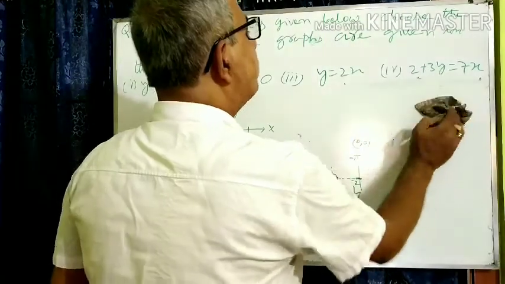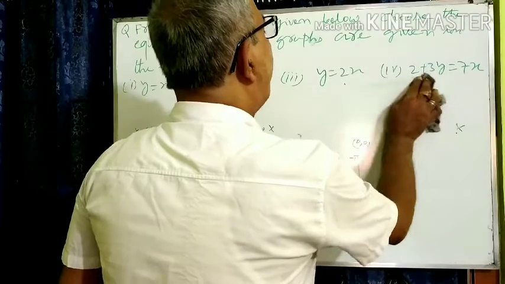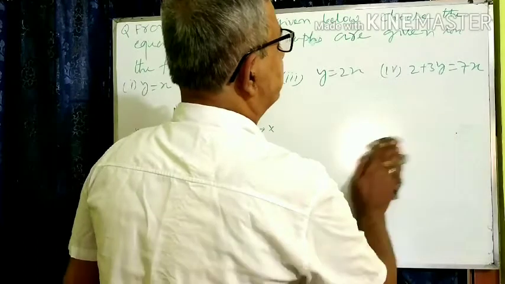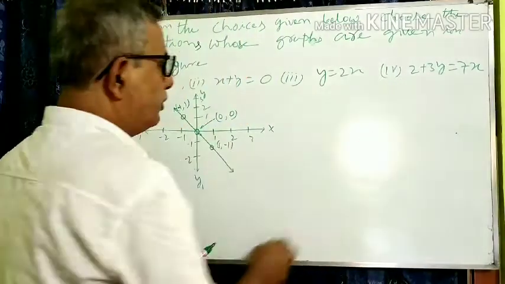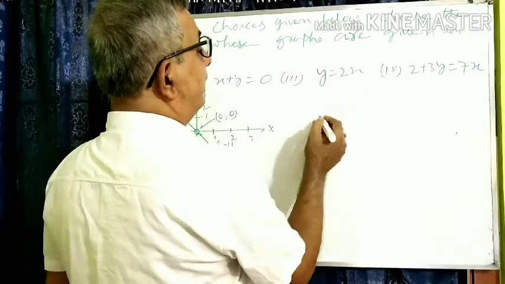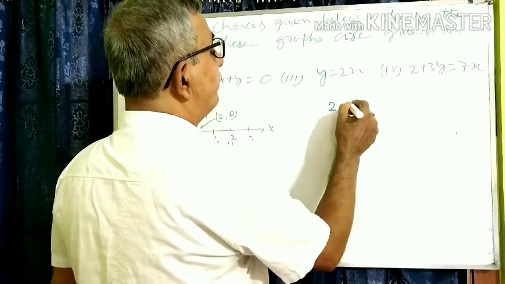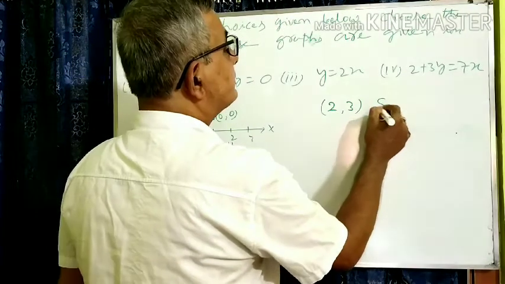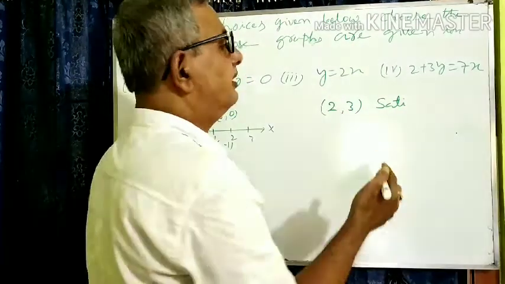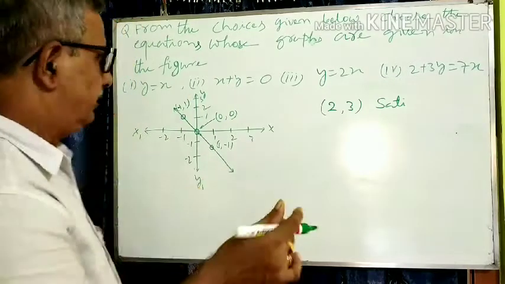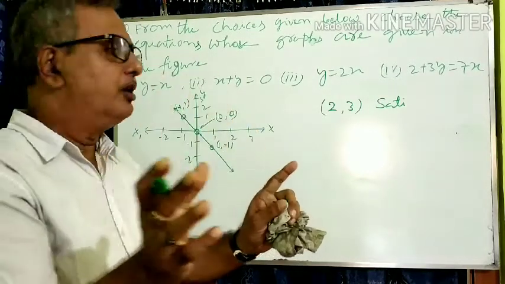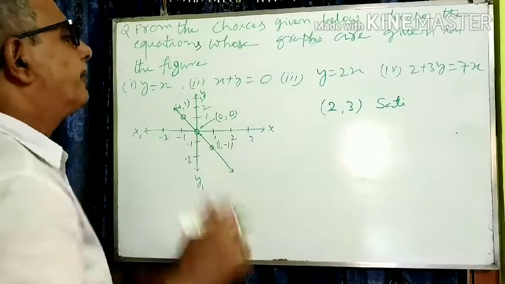One more thing I want to make you understand. Whenever I say that a point satisfies a line, what do you mean by this statement? Suppose I am telling you 2, 3. You don't get confused, this question I have not started. This is knowledge I am giving you, which will be applied here.